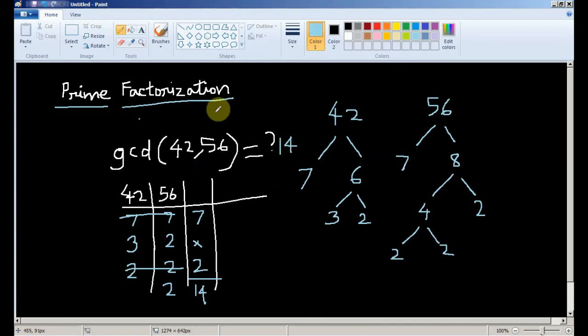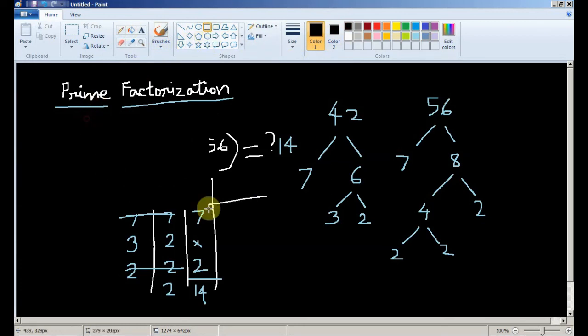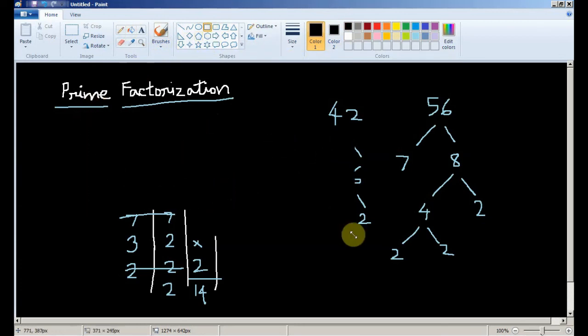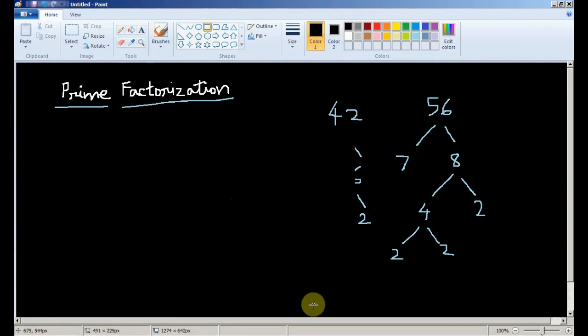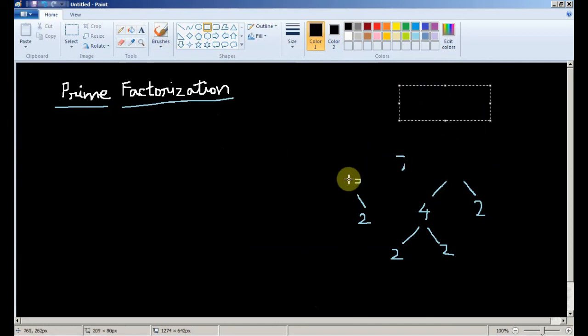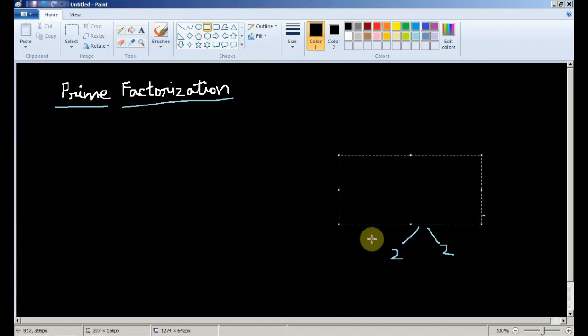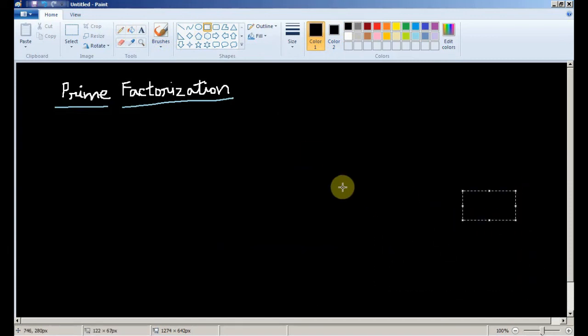Now we can verify this. If you want, you can simply go ahead and verify it. To verify, all you need to do is divide each of those numbers by the common factor.